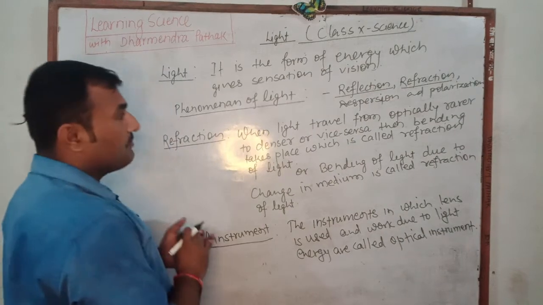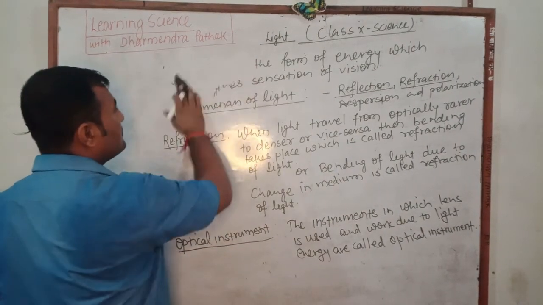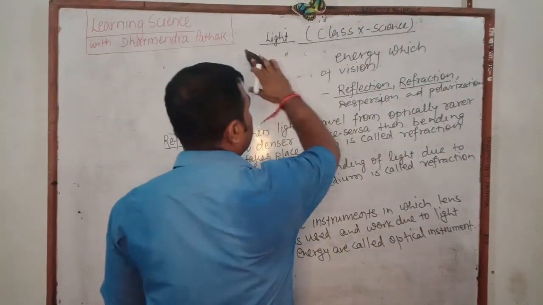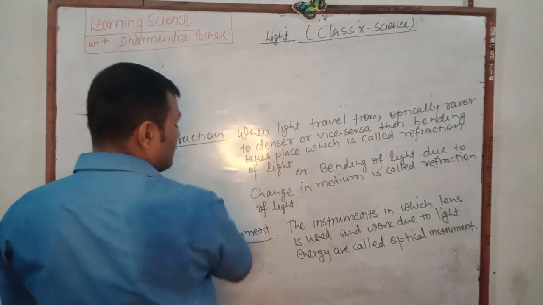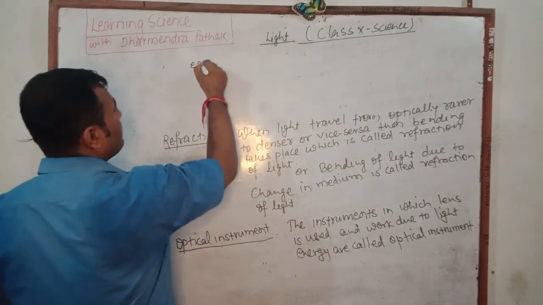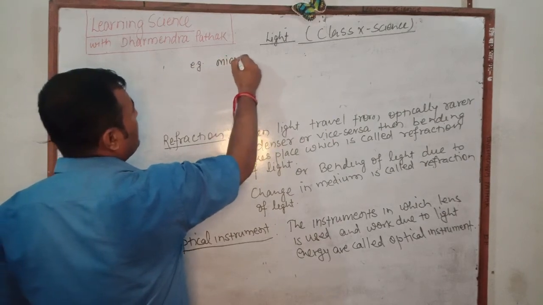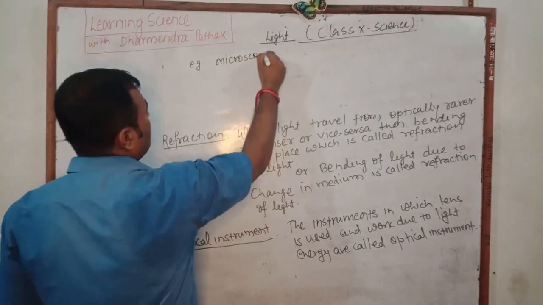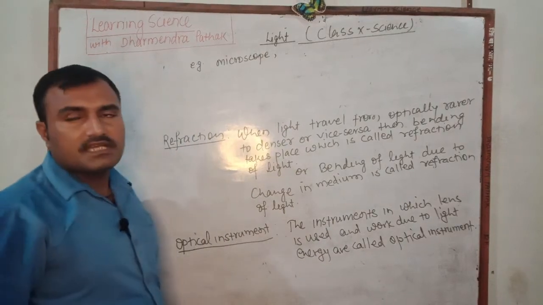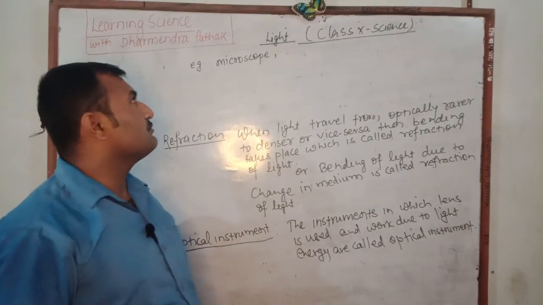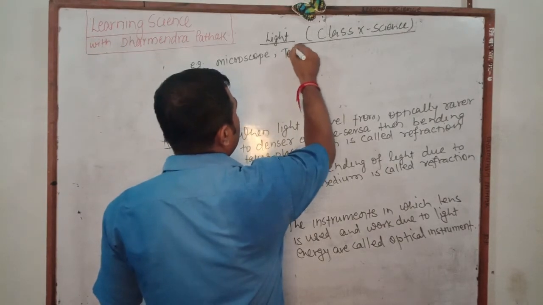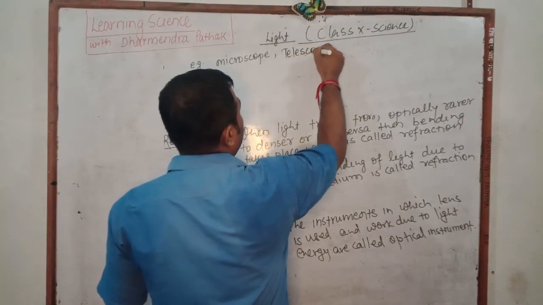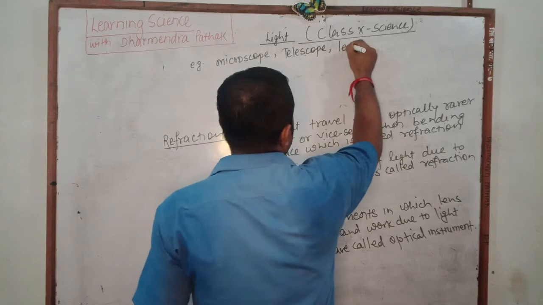Various types of optical instruments are used in our daily life, and some common examples of optical instruments are the microscope. It contains lens and helps to see microscopic organisms. Telescope, simply lens.